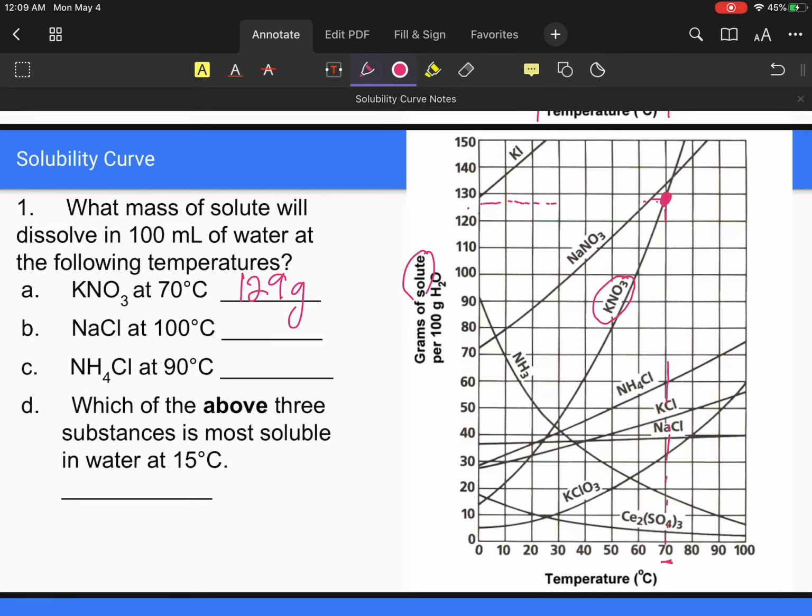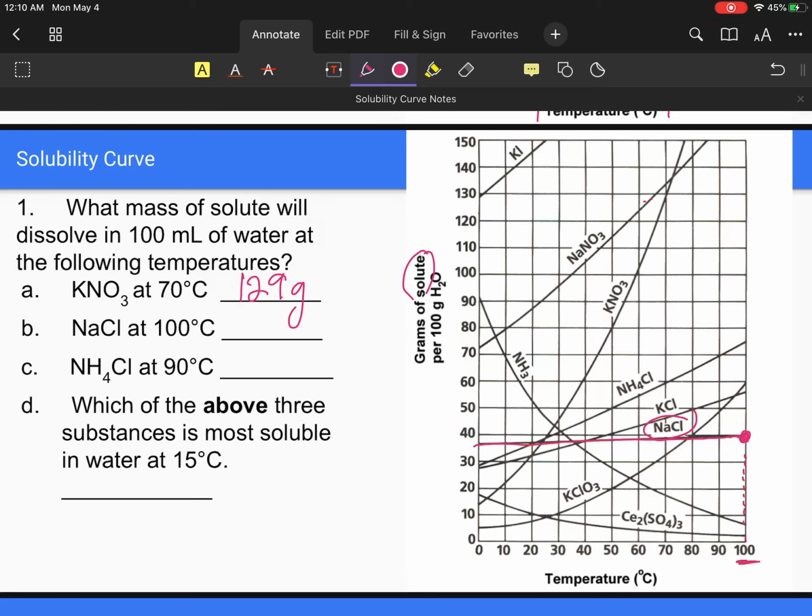Let's look at B, NaCl. Okay, so let me erase some of this here just so we're not looking at too much. So NaCl is right here. And this line's kind of weird. It's right here. It's almost flat. So at 100 degrees, here we are, 100 degrees. So I'm just going to go up my line, right?